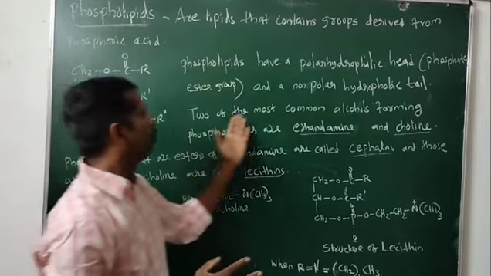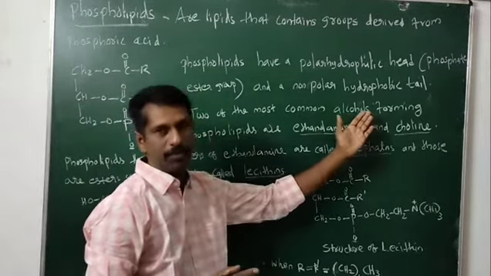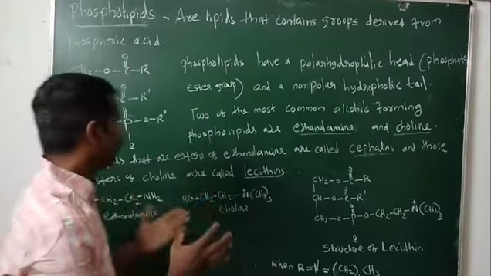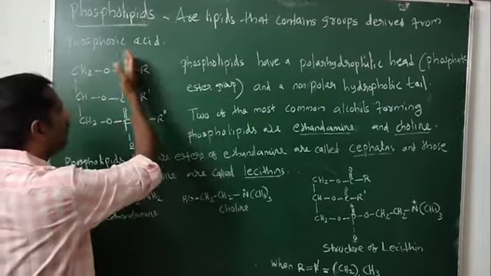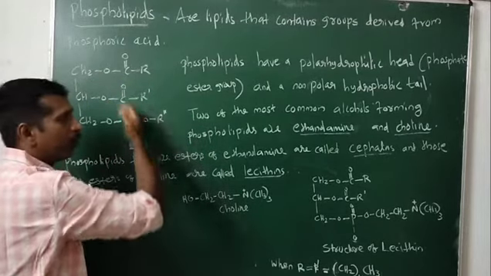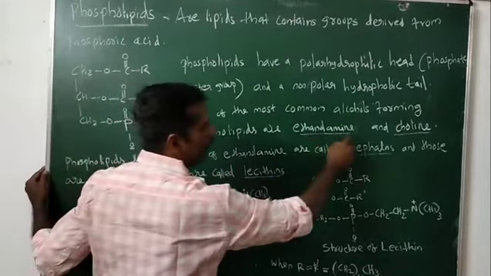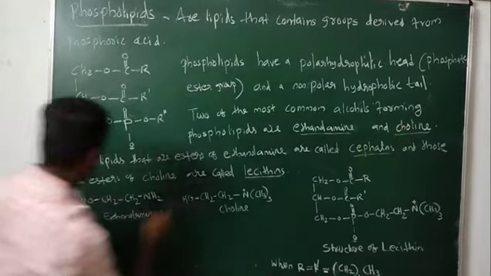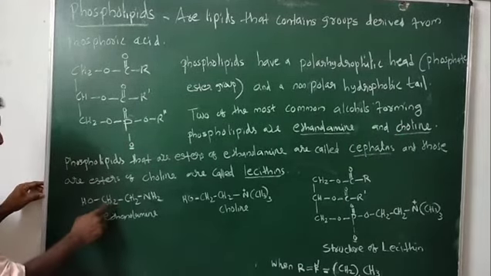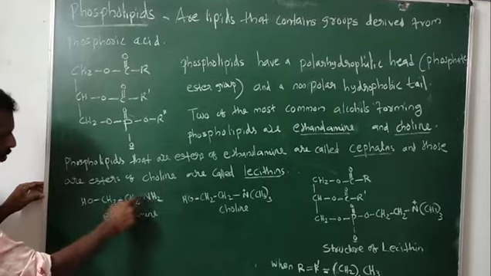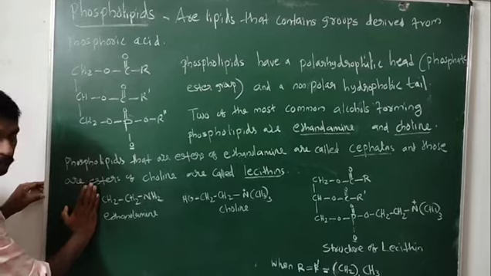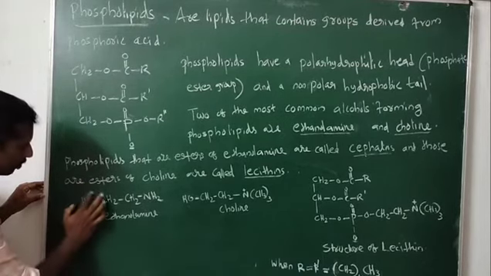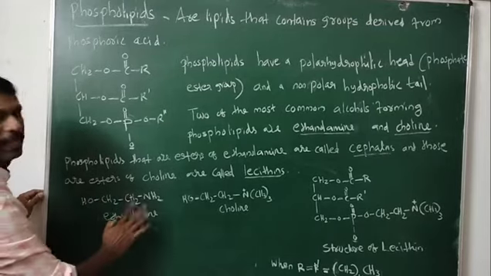So the most common alcohols which take part in the formation of phospholipids are ethanolamine and choline. Look at the structure of ethanolamine, HOCH2CH2NH2. This is ethanamine with one hydrogen atom replaced by OH, therefore it is known as ethanolamine.